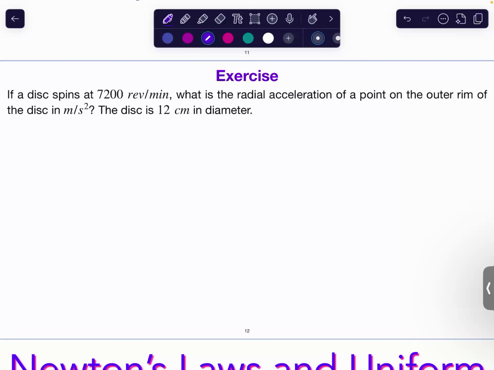But on Monday, we are going to get to a problem you're going to work on in a group, and it's going to be a mathematical exercise because we're really going to start putting radial motion and Newtonian kinematics together. So centripetal, radial, either A sub C or A sub R.